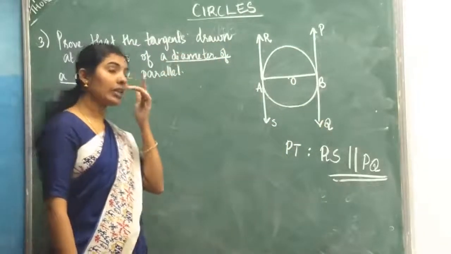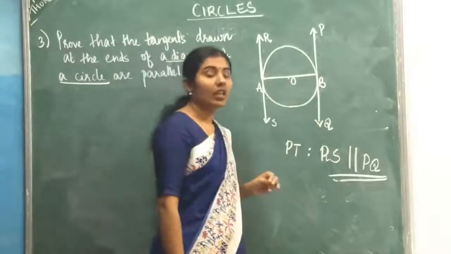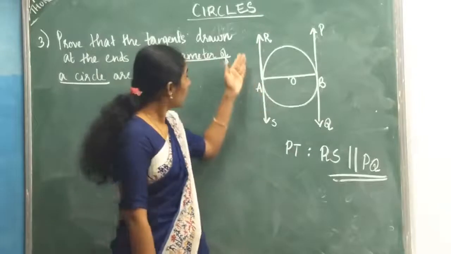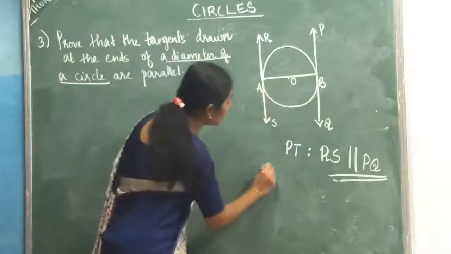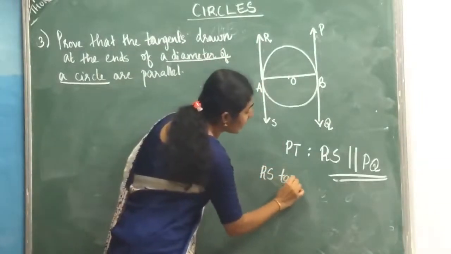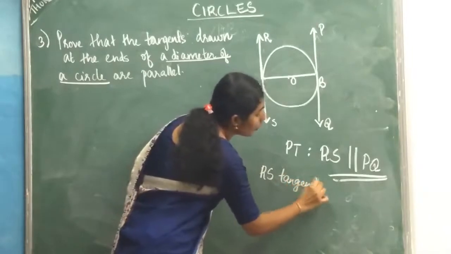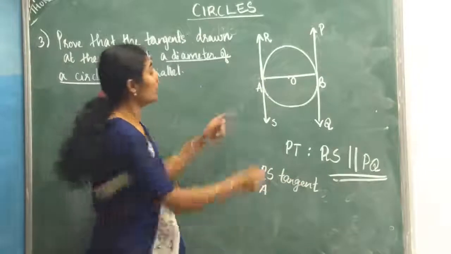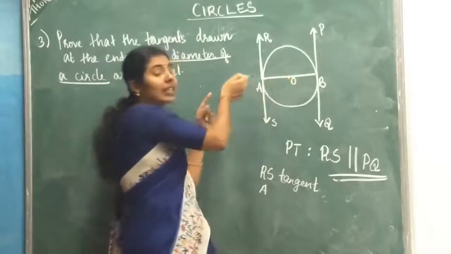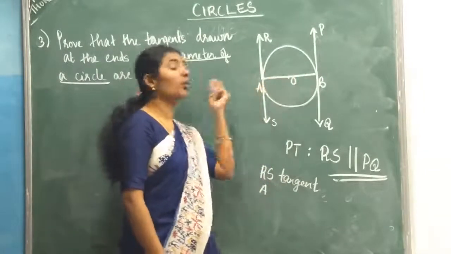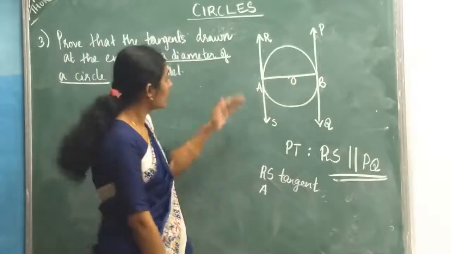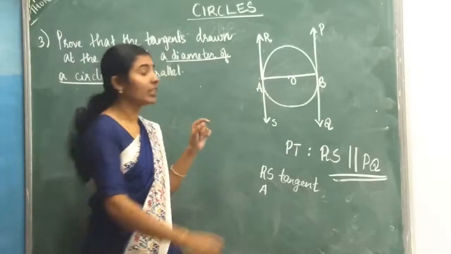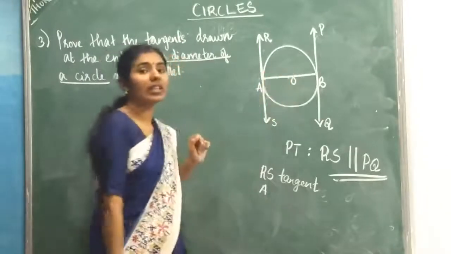Parallel means the two lines will not intersect. So how to prove that? First of all, you see, RS is a tangent. What is its point of contact? Point of contact is A. So you know OA is the radius drawn through the point of contact, isn't it? Through A we are drawing one radius.